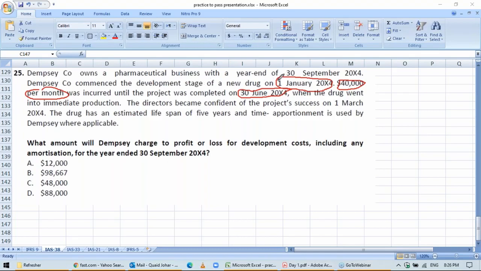So since 1st January you can capitalize, and the project was completed. See, the directors became confident of the project's success on 1st March 2004. The project feasibility was found on 1st March 2004.